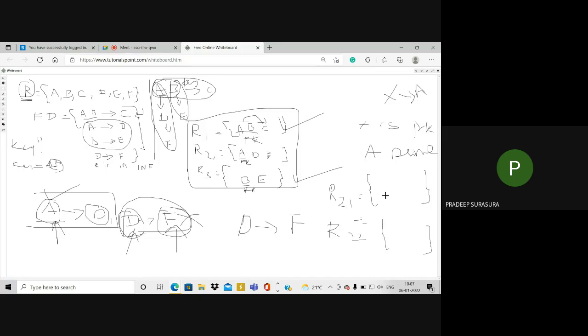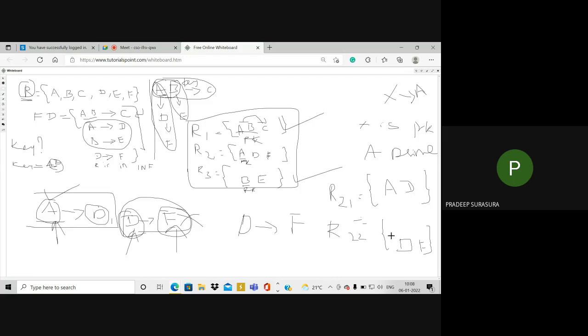In R21 I write A and D, and in the other table I write D and F. It is very simple: just break A determines D into one table and D determines F into another table.